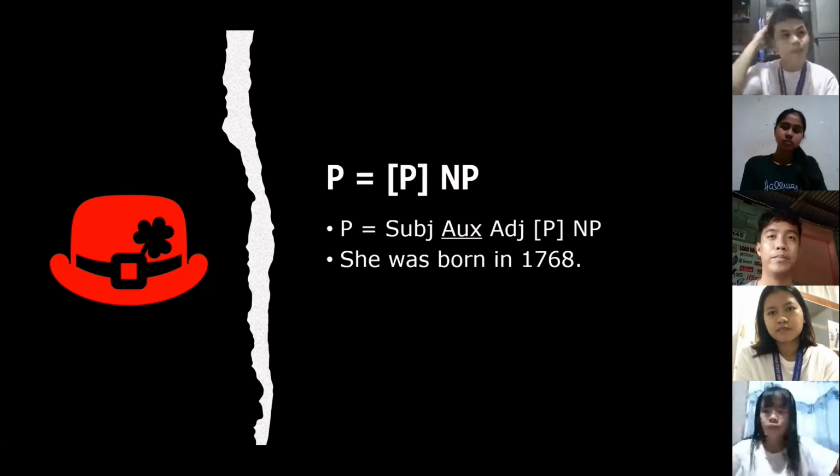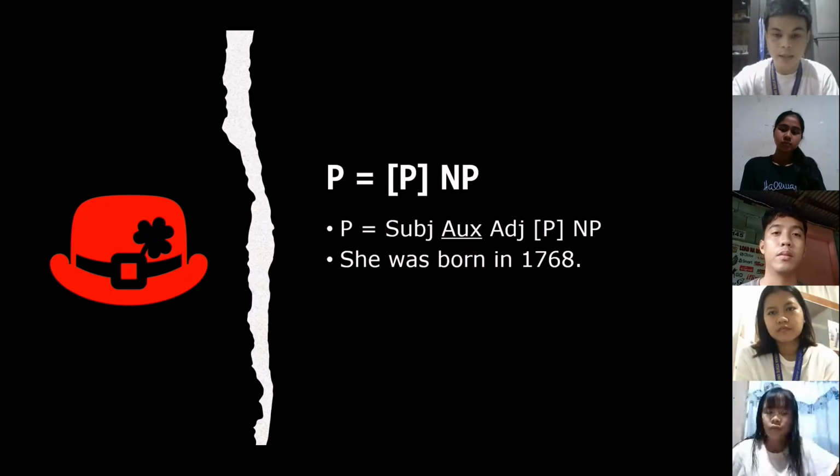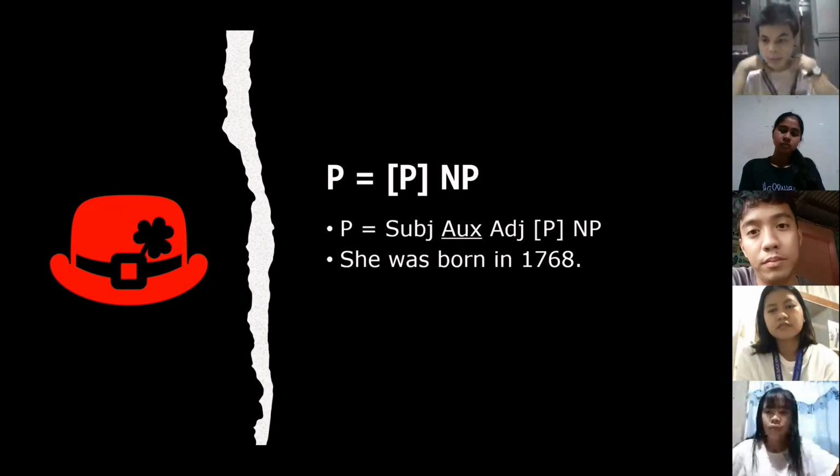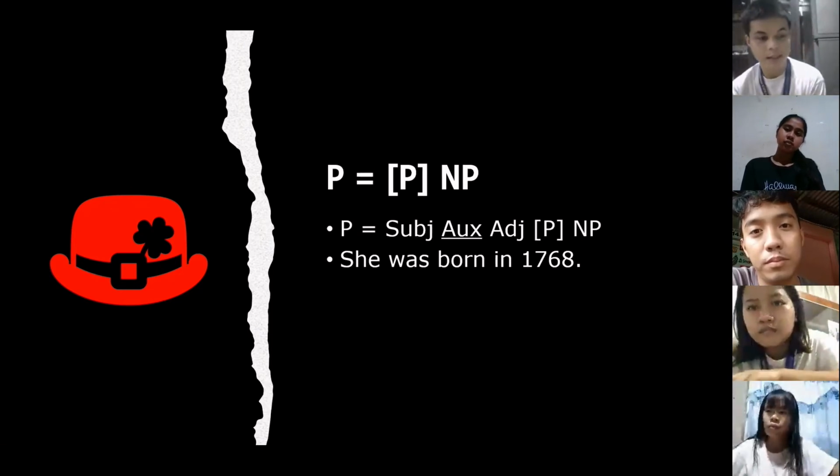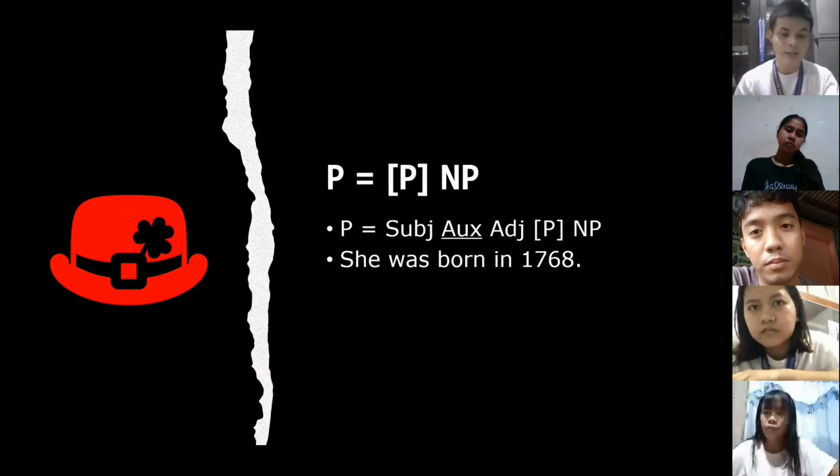So commonly, the formula for using them is preposition, then comes the noun phrase. But in order to prove that this formula is the commonly used pattern in varying contexts, let's have sample sentences.